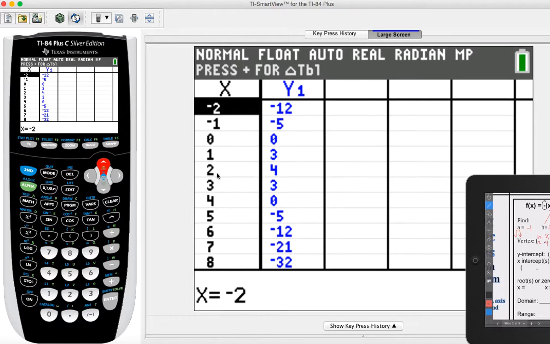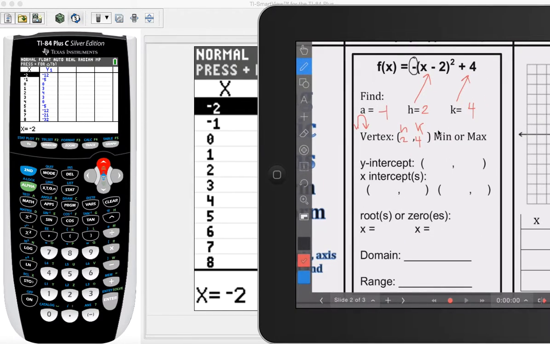As you can see, (2, 4) in this case is my vertex. So if you look above the 4, you have 3, 0, negative 5, negative 12. And below the 4 also you have 3, 0, negative 5, negative 12. So (2, 4) is my vertex. Everything around it is symmetrical.